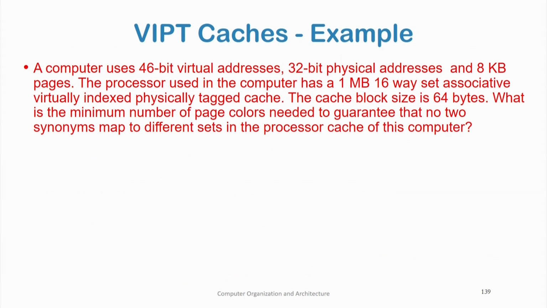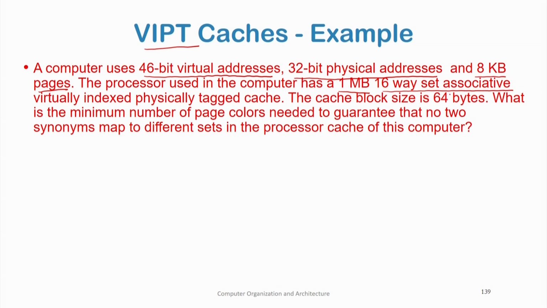So, before proceeding further, we will take an example with virtually indexed physically tagged caches. I have a computer which uses 46-bit virtual addresses, 32-bit physical addresses and 8 KB pages. So, page size is 8 KB, physical address space is 32-bit, virtual address space is 46-bit, and the processor used in the computer has a 1 MB 16-way set associative virtually indexed physically tagged cache.